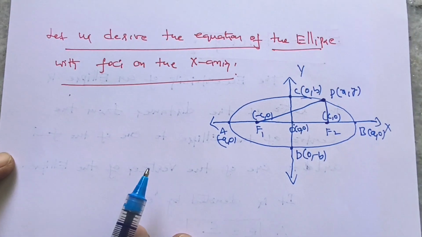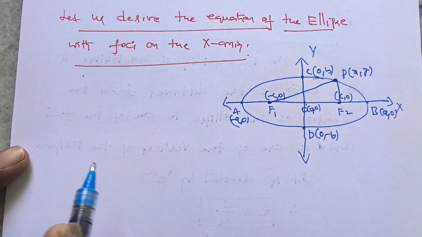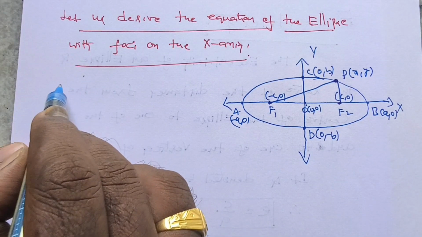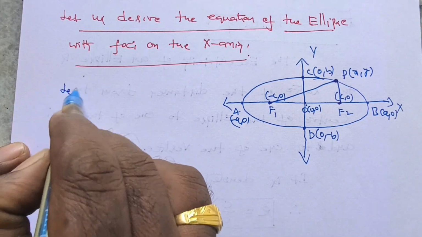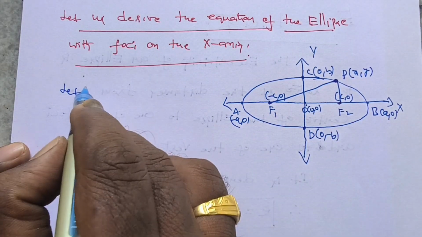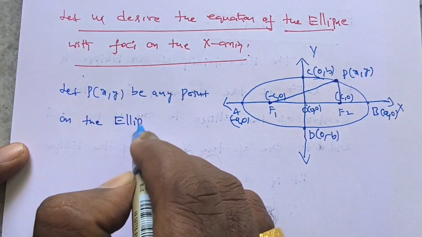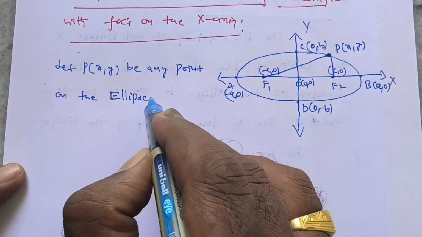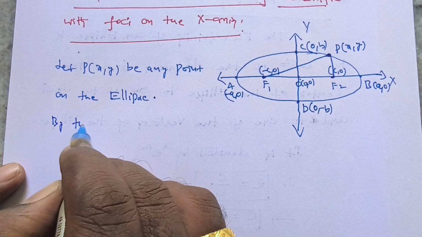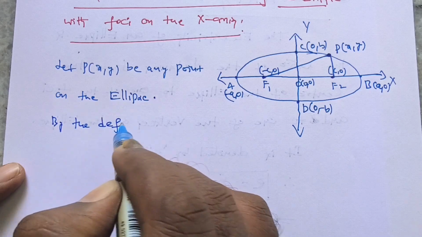Now we join P to F1 and P to F2. To derive the equation of the ellipse, let P of x comma y be any point on the ellipse. Now we are using the definition of an ellipse.